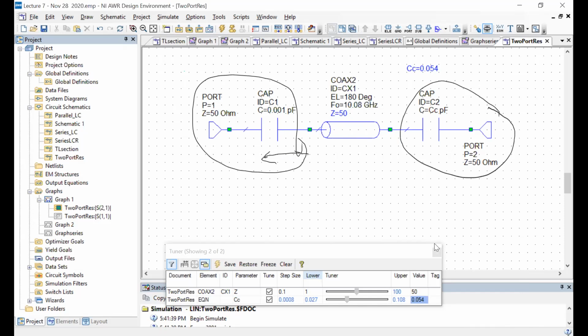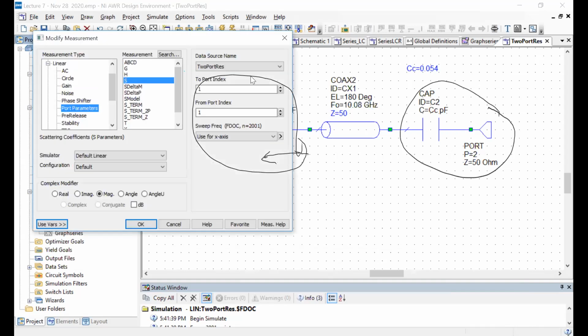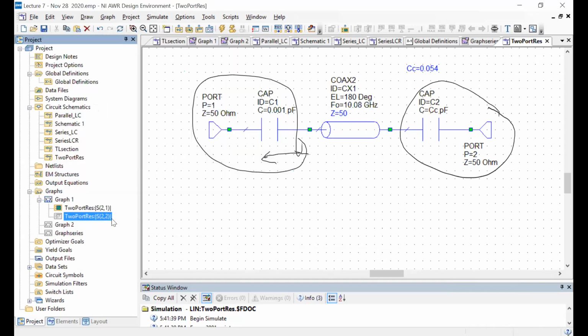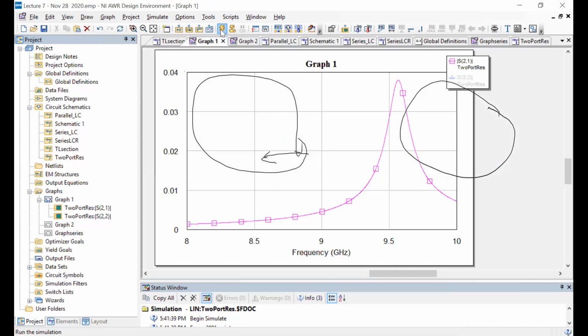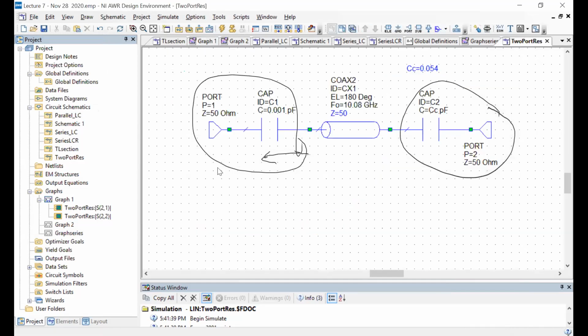Okay. And you can see this by now looking at the reflection from port 2. Okay, I go and change it to S22. Look at the magnitude first. And you see that that magnitude is also unity. But this is unity not because of the fact that it's a very weakly coupled port on this side.